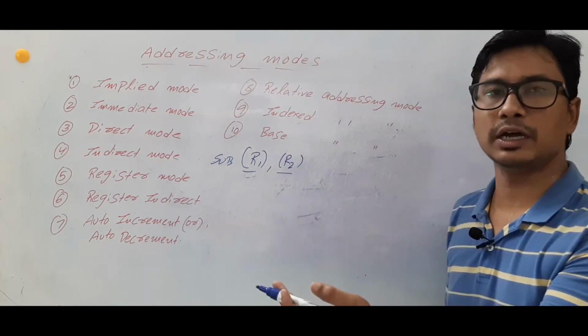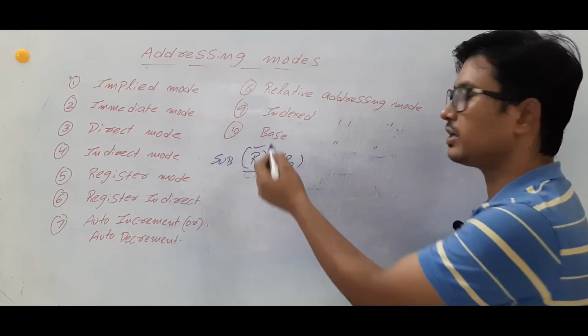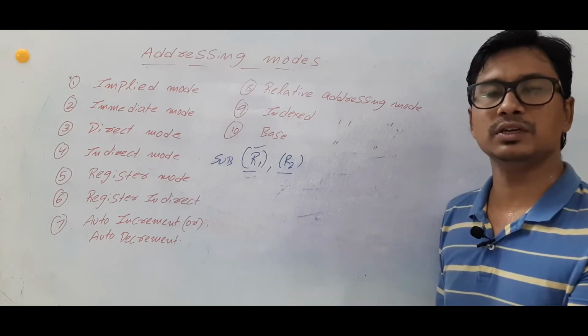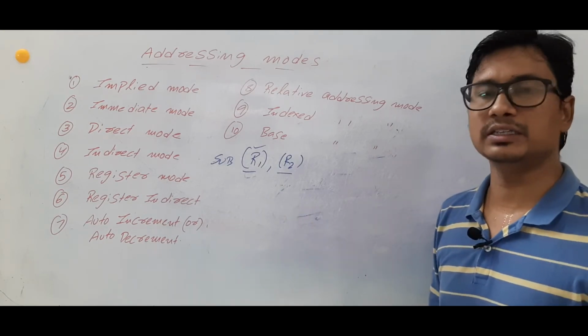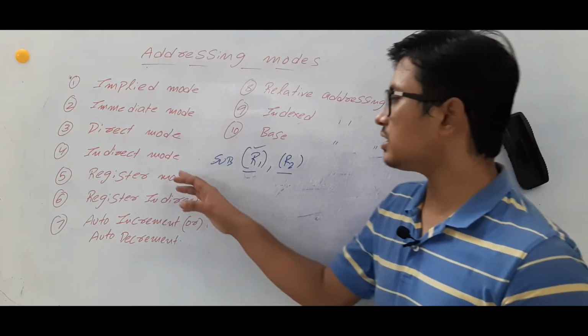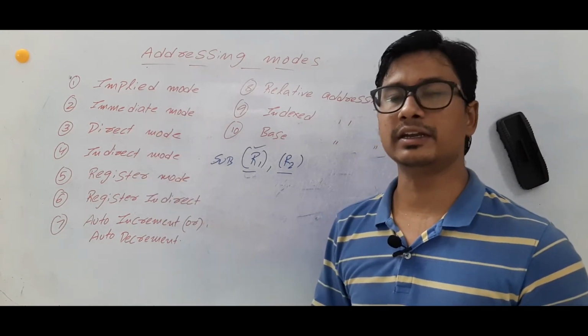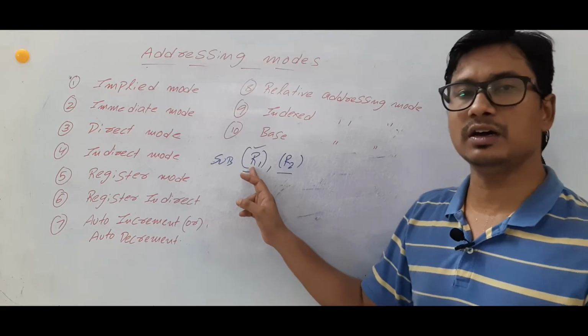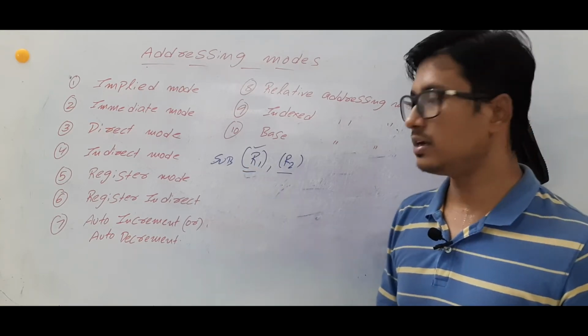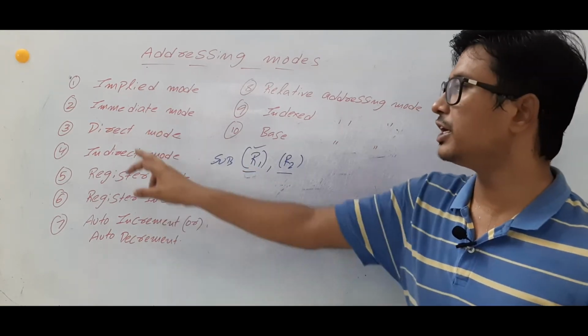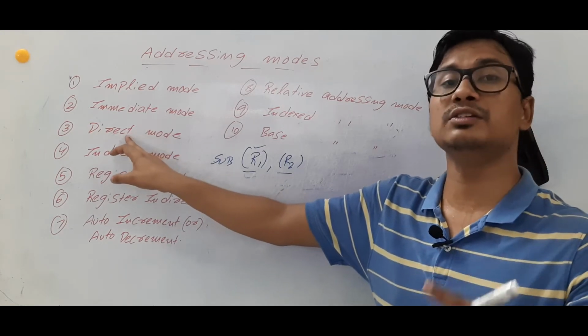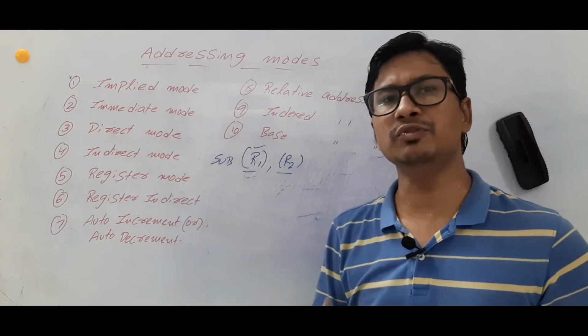So you will go to the corresponding register, and whatever the value is there, you will fetch it and perform the instruction. Then you can ask me, what is the difference between register addressing mode and direct addressing mode? Here it specifies the address of the register, whereas direct addressing mode specifies the address of the main memory.